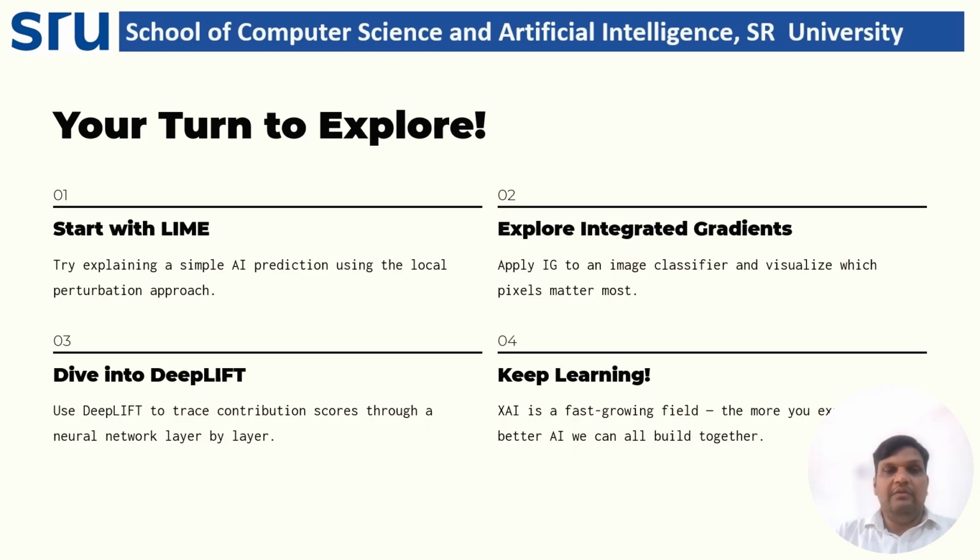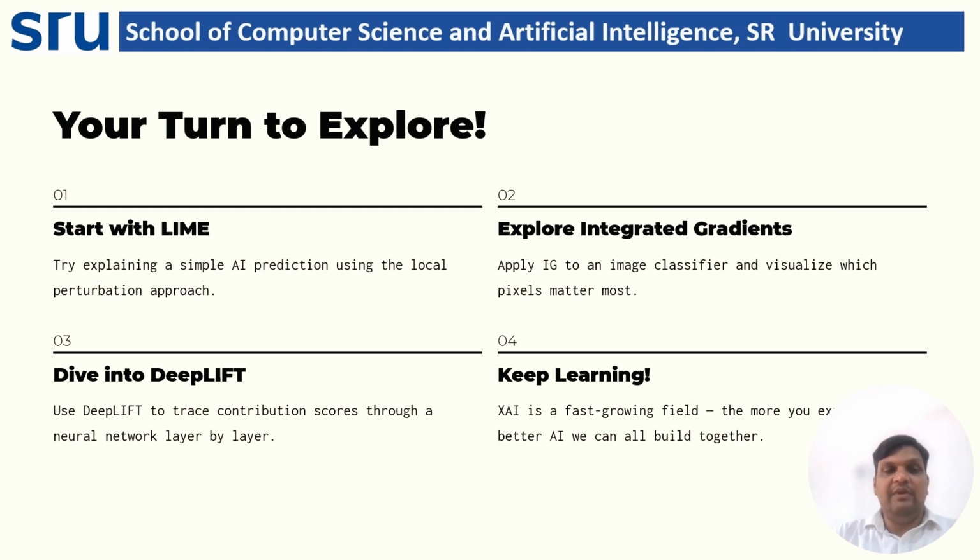So what we have studied today is LIME, what it means: try explaining a simple AI prediction using the local perturbation approach. Explore integrated gradients: apply it to an image classifier and visualize which pixels matter most.